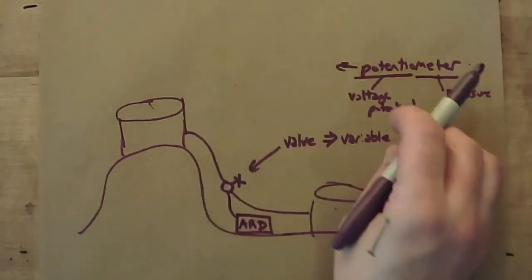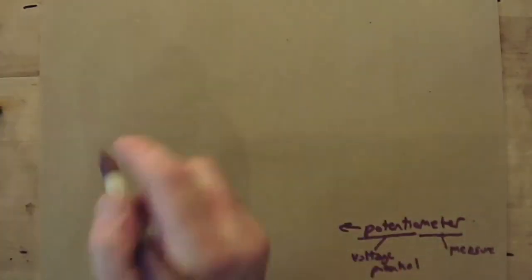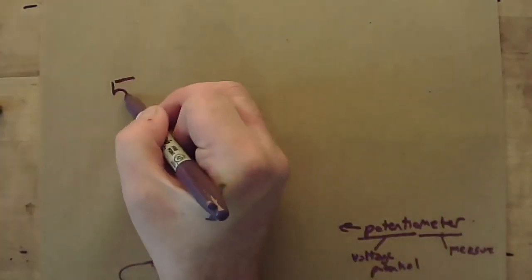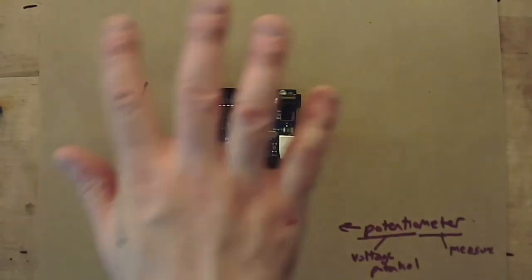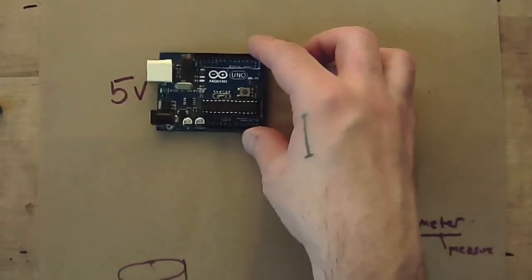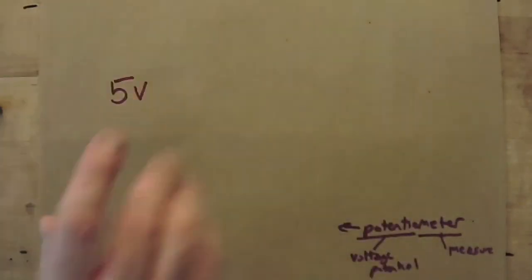I'm going to move away from the water for a second. We have a 5 volt, or whatever our power source is. The Arduino is generally a 5 volt device, mostly.